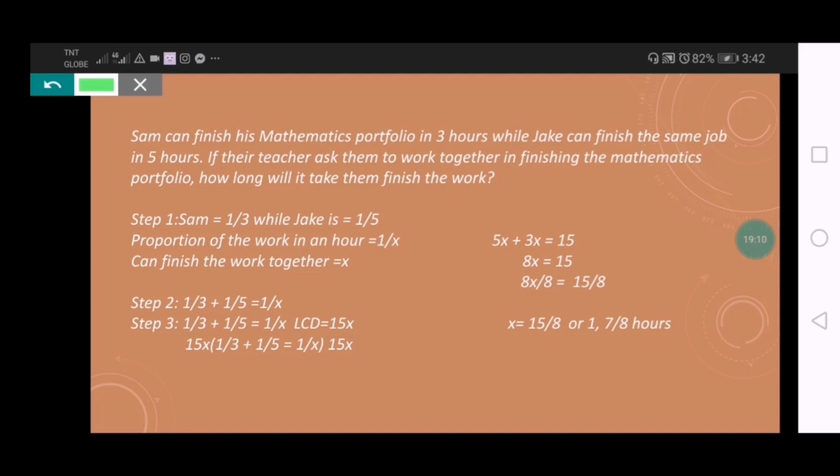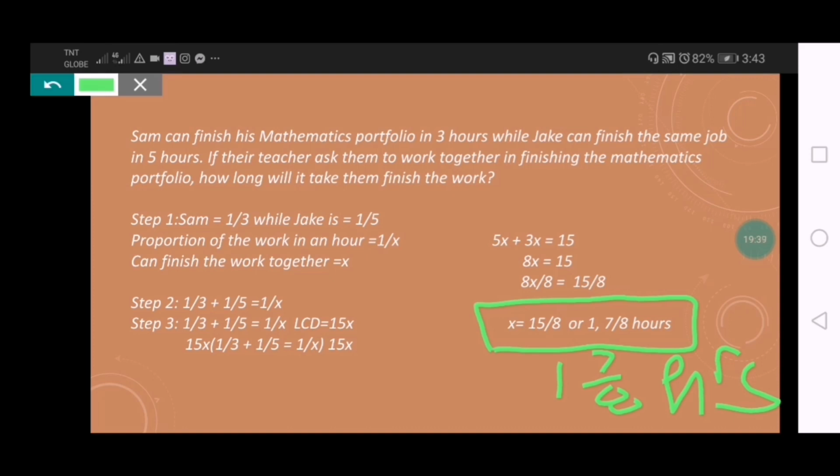And now, we have x is equal to 15 over 8, or 1 and 7 over 8 hours. So that will be our answer.